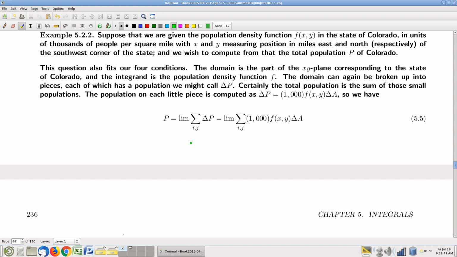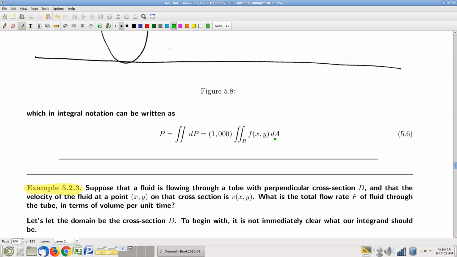And likewise, population is population density times area. Don't forget that extra factor of 1,000 because the units of our population density function were thousands of people per square mile. Again, Riemann sum, again, integral. And again, you can shorthand this by using integral notation throughout the development. Same idea, different notation.